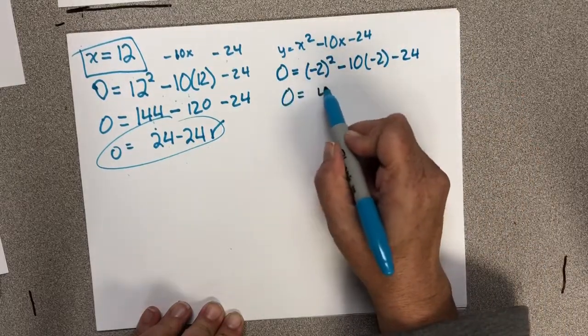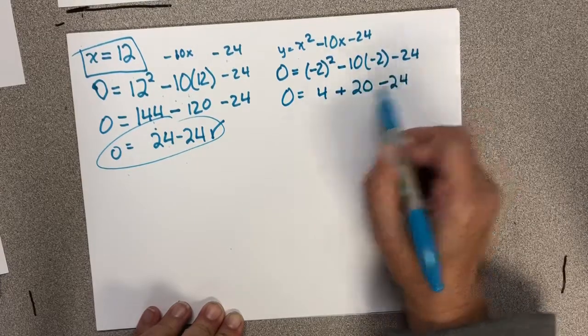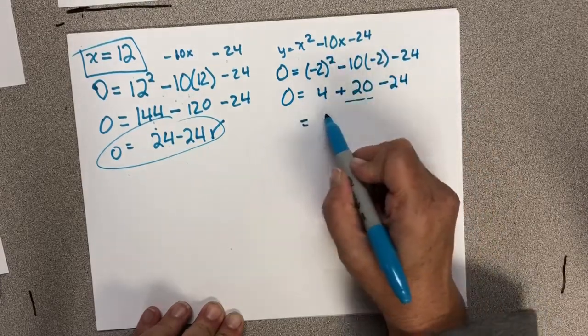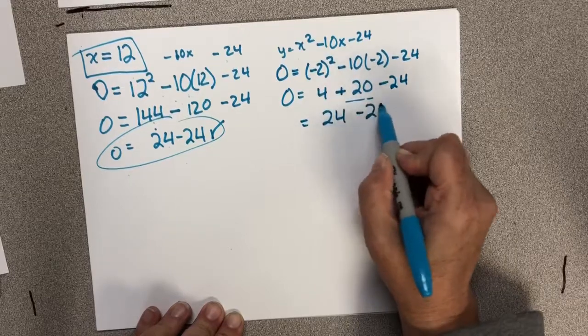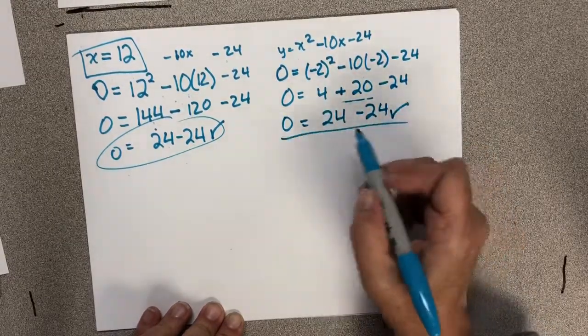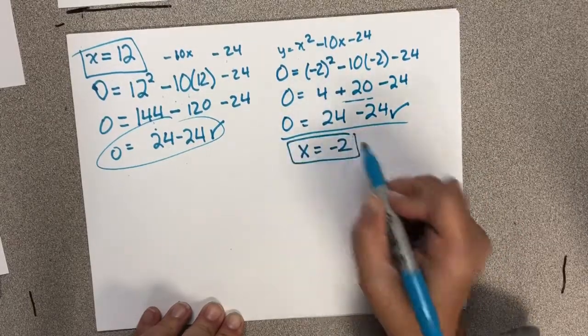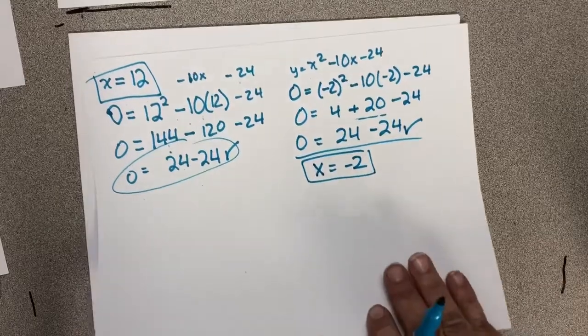That becomes 4 plus 20 minus 24. 4 plus 20 is 24. Minus 24 is 0. So that works. So x equals negative 2 is also a solution.